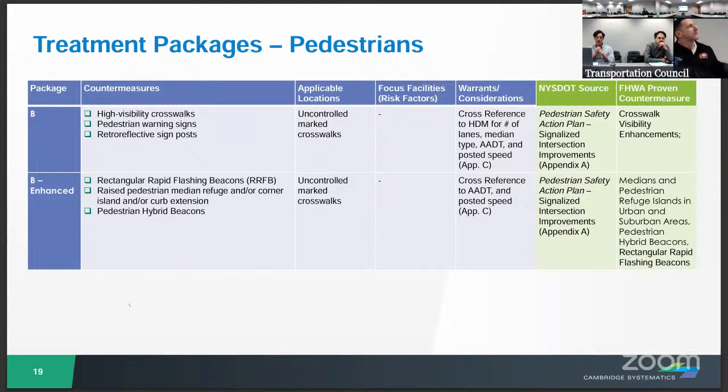So some upgrades can be done together, and there are some ways of prioritizing enhanced packages as well. So looking at rectangular flashing beacons, building median refuge islands, or even pedestrian hybrid beacons. So really doing those upgrades to enhance those crossing locations.